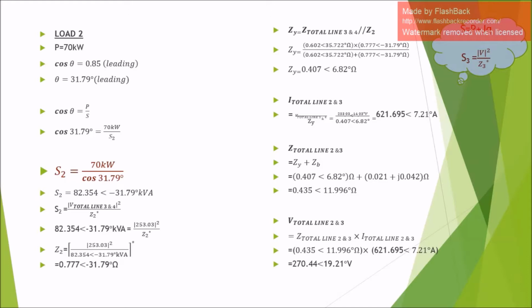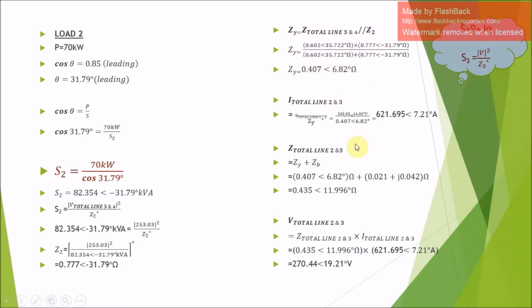So in this case of load 2, we have to simplify the impedance by parallel impedance. We have to parallel Z total line of 3 and 4 with Z2. By paralleling them, we get a new value of impedance, in this case ZY.